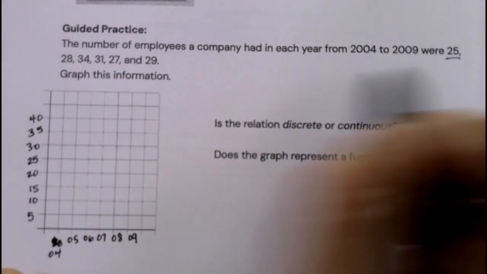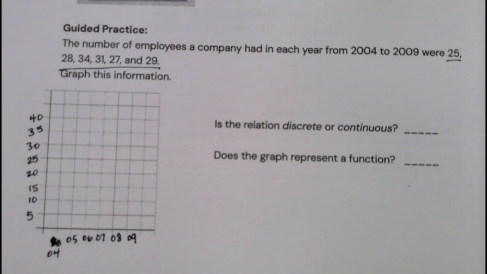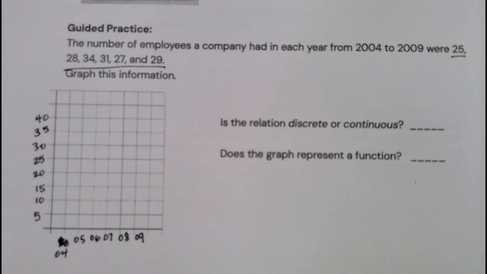So you're going to graph these values, and they're in order. Like the first one is 2004, etc. So go ahead and graph those. Decide if it is discrete or continuous, and does it represent a function?